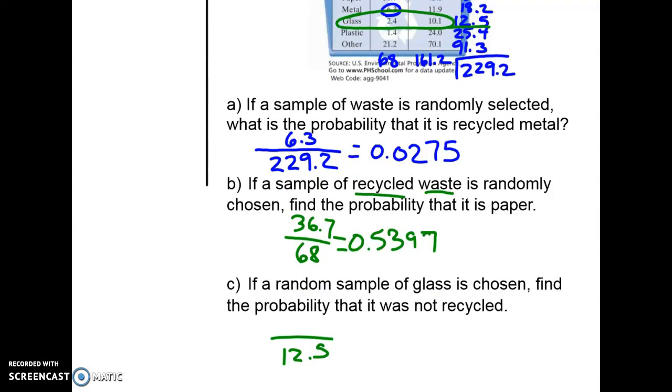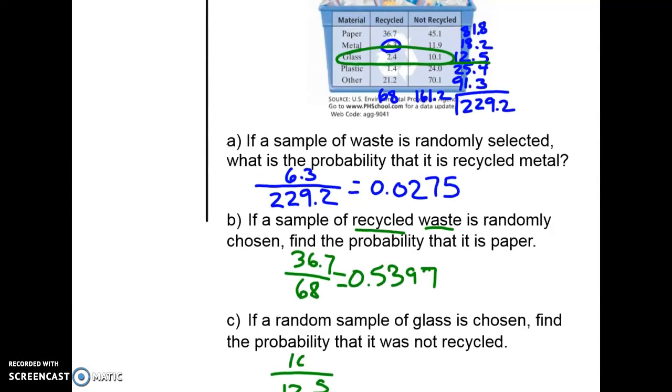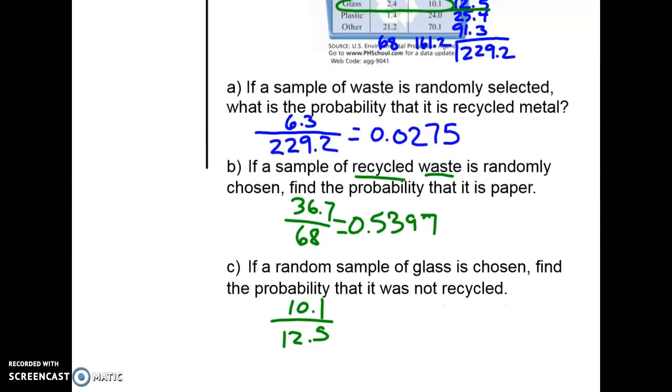And then they're asking that it is not recycled. Well, it's 10.1. So then you do 10.1 divided by 12.5, and that gives us a 0.8080. So just over 80% of glass is not recycled.